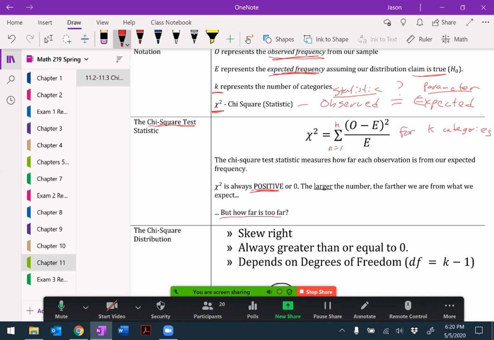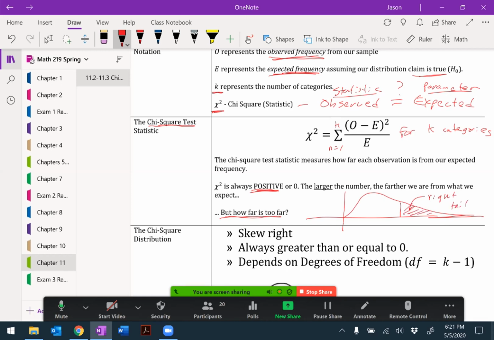But how far is too far? Okay, so the chi-square distribution looks like this. It's the chi-square distribution for a certain number of degrees of freedom. And we're always looking at our right tail.